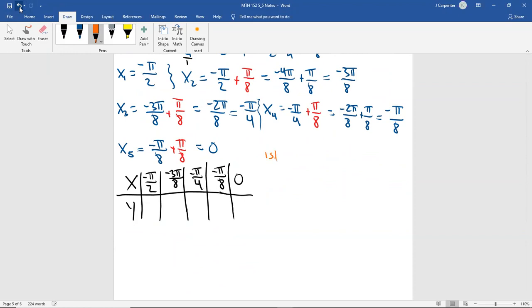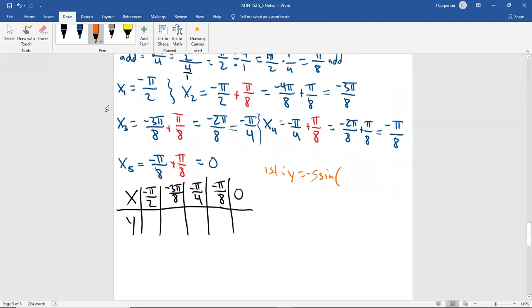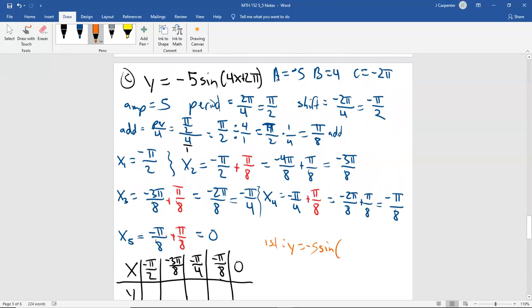So for the first, we get y equals negative 5 times the sine of parentheses. Now, it was 4x plus 2 pi. So 4 times negative pi over 2, that's the 4x, then plus 2 pi, and then we close that parentheses.